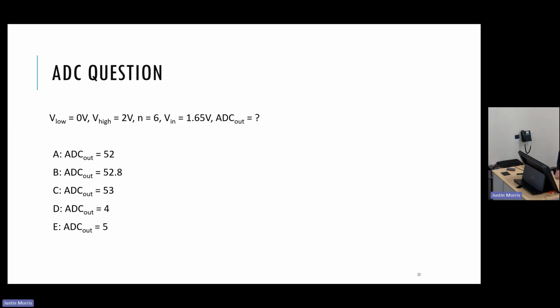And remember the ADC outputs basically the combination number that corresponds to the interval, like which number interval the input maps to. It does not output a voltage.